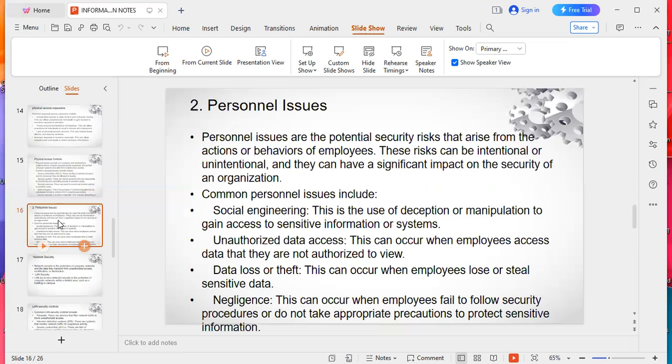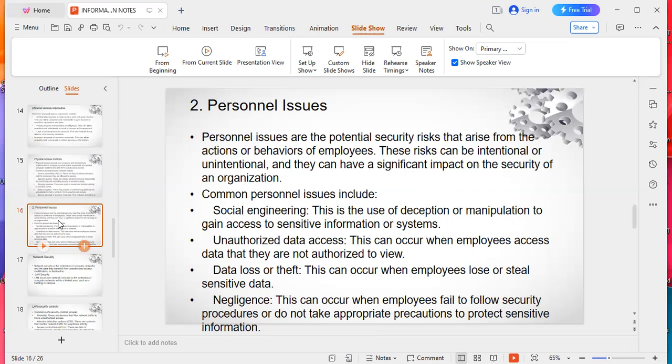Now, let's look at personnel issues. Personnel are the people interacting with the system. These are some issues from the personnel perspective. For example, we have social engineering. This is the use of deception or manipulation to gain access to sensitive information or systems.